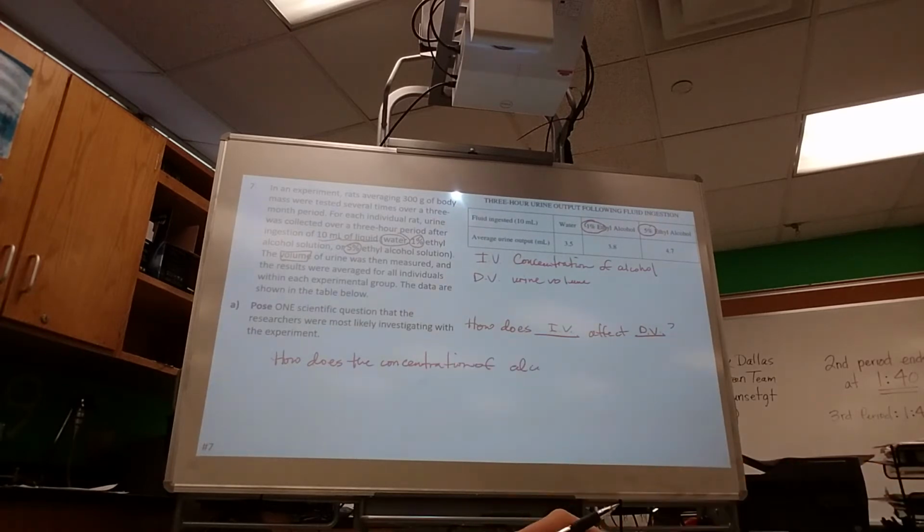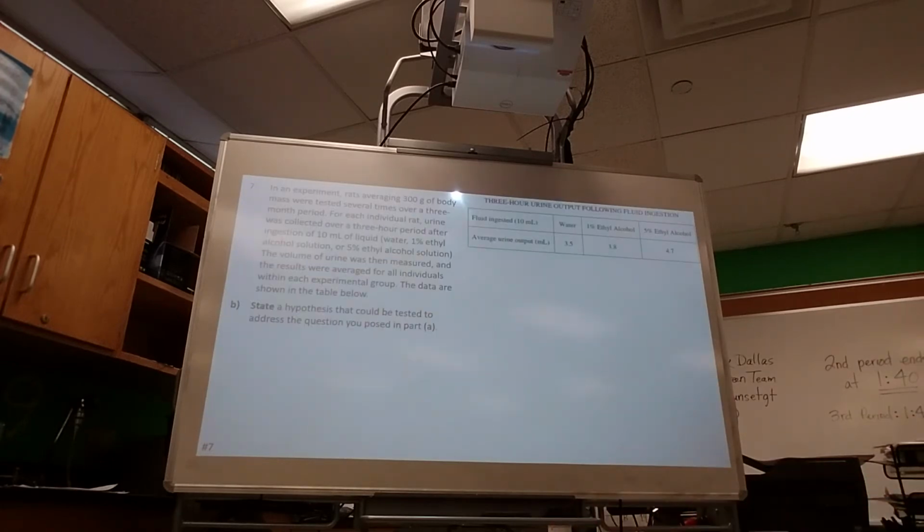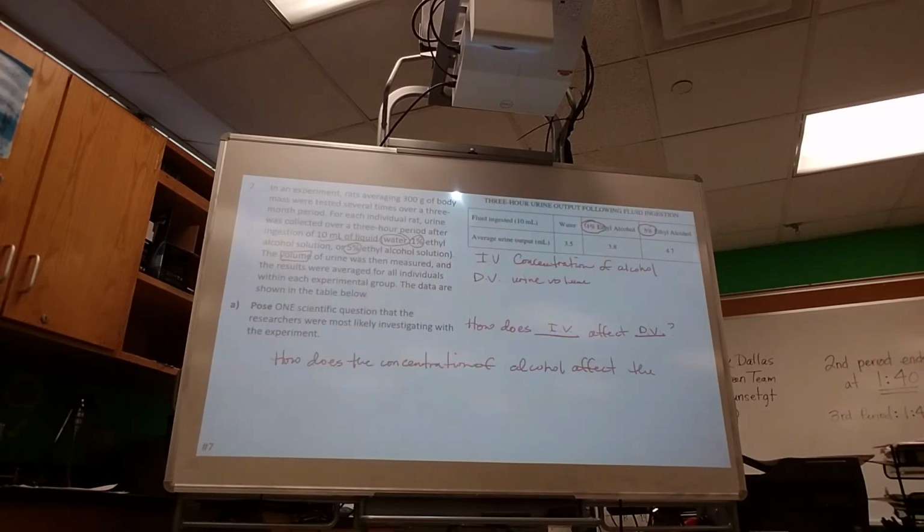How does the concentration of alcohol affect the volume of urine produced?